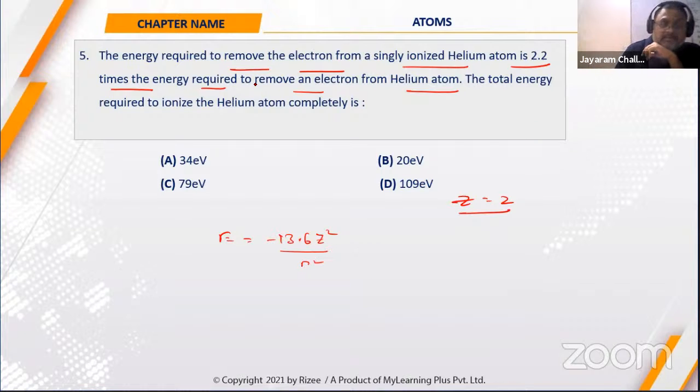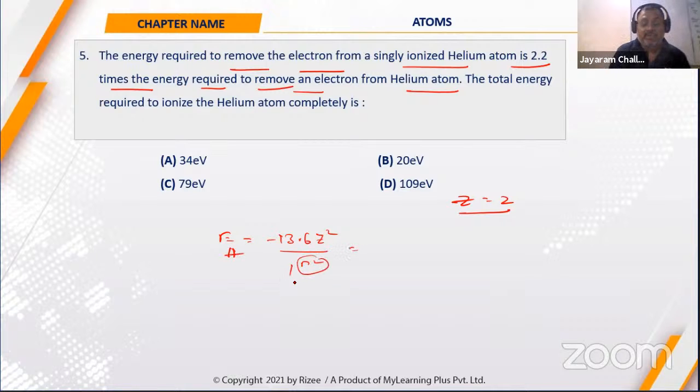Remove an electron here is equal to how many times? 2.2 times the energy required to remove an electron from the helium. Okay, now. So singly ionized hydrogen means this is the one.